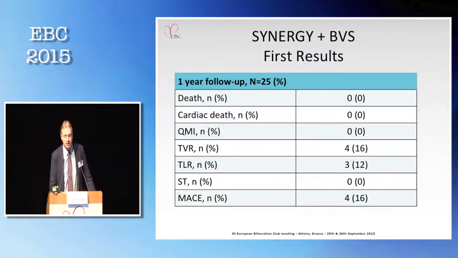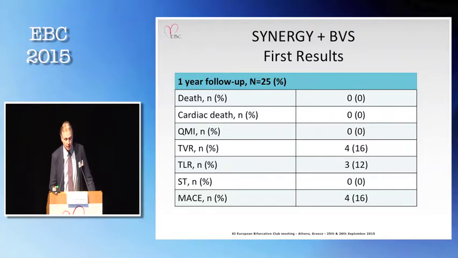This is 100% follow-up. Death rate 0, cardiac death 0, MI 0, TVR 4%, TLR 3%, and you remember that we also did not use a cutting balloon in 100%. But if you look at the Synergy group, there were no MACEs.